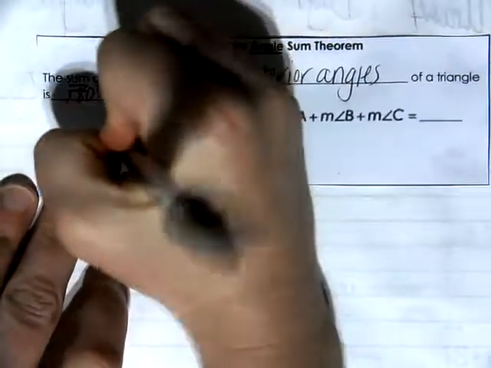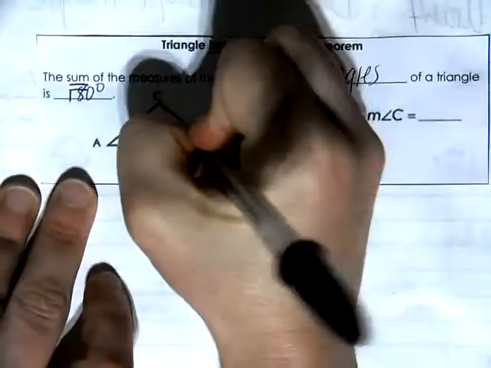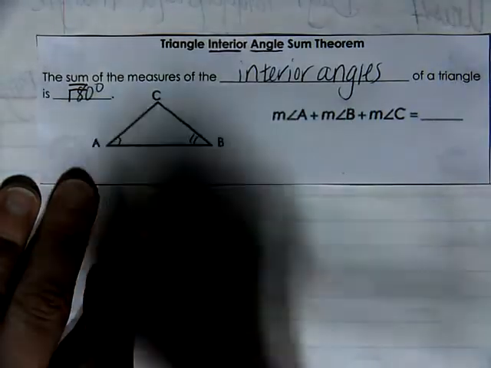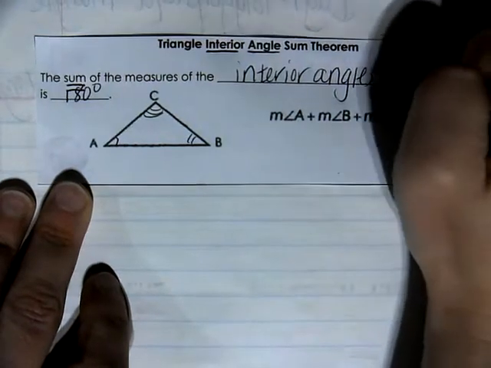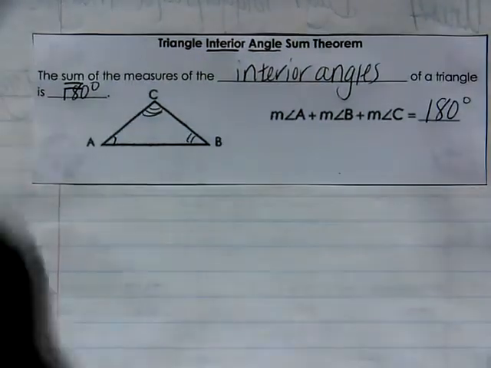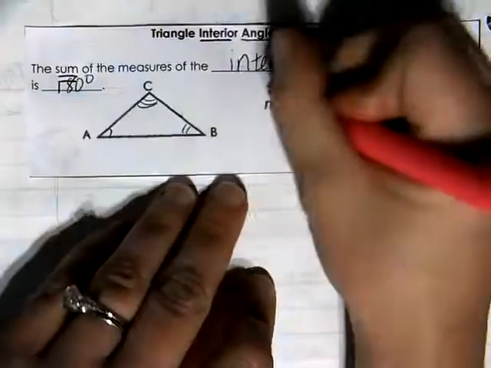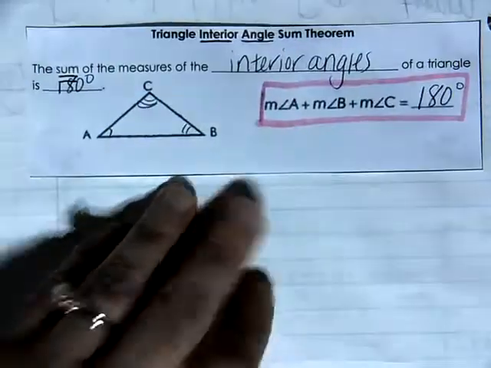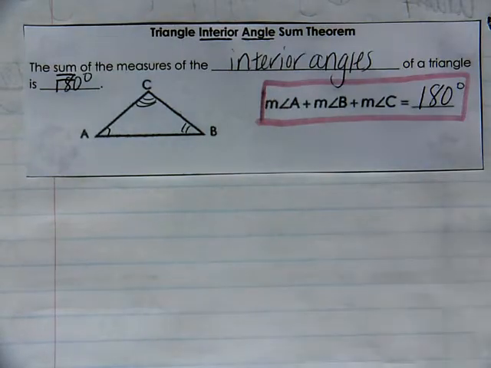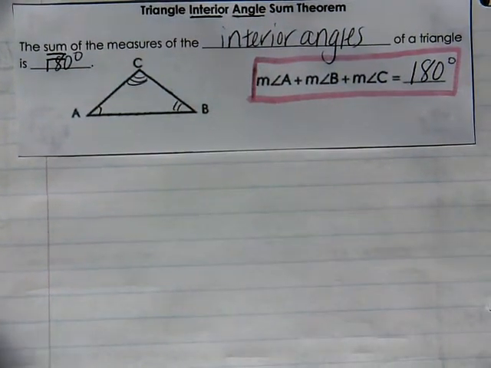So that means that the measure of angle A plus the measure of angle B plus the measure of angle C is automatically 180 degrees. I know that we've talked about this before, but now it is official. I have taught it to you. All of the angles of a triangle add to 180 degrees.